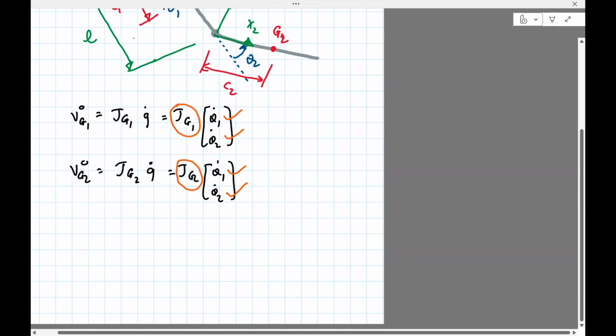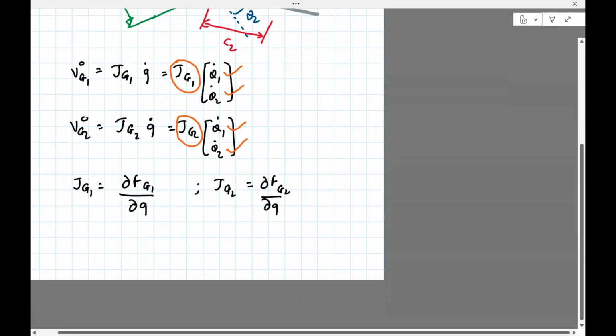So the Jacobian of G1 is nothing but the derivative of the forward kinematics of G1. So we need to compute the position of point G1 and then take this derivative with respect to q. And to get Jg2, we need the derivative of fg2 with respect to q.